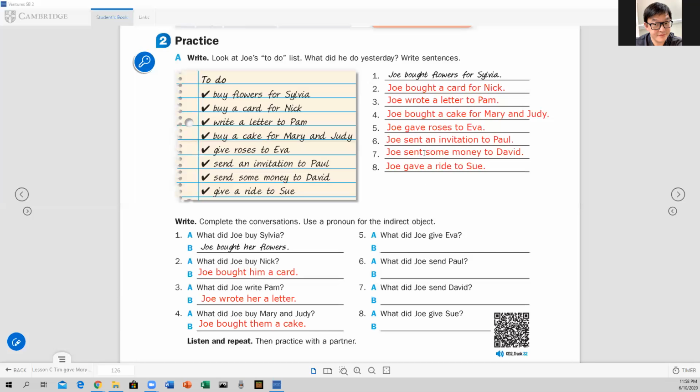Number 5. What did Joe give Eva? Joe gave roses to Eva. Now we're gonna change that and we're gonna put Joe gave her roses. Okay, Joe gave her roses. So the exercise is helping you to say things in a different way, so you're just learning new ways of saying things, okay?